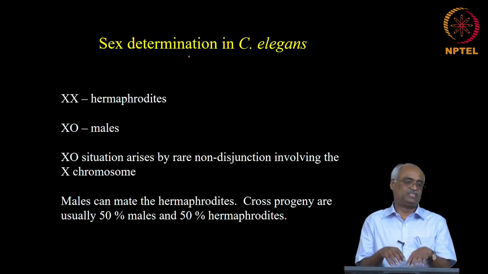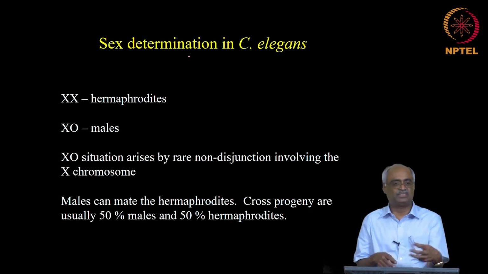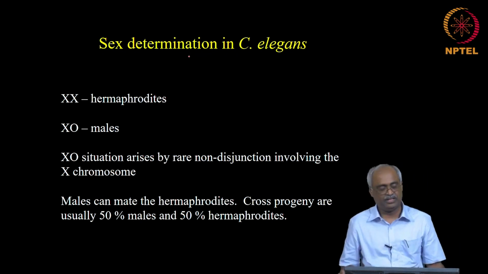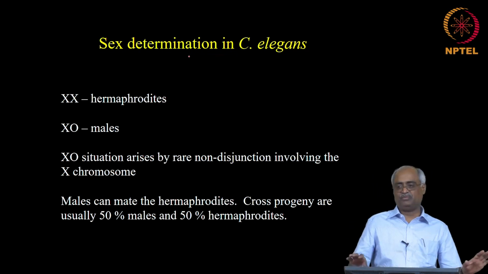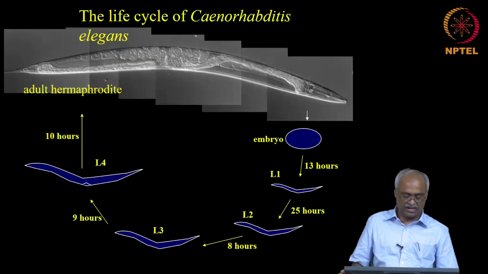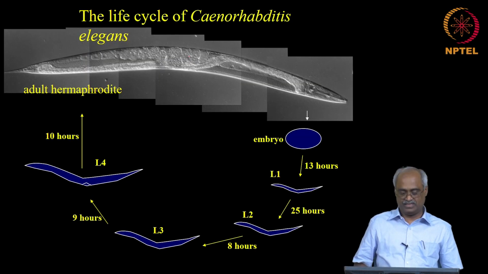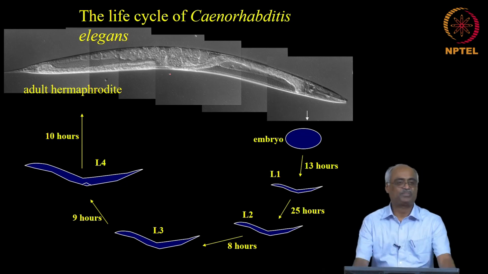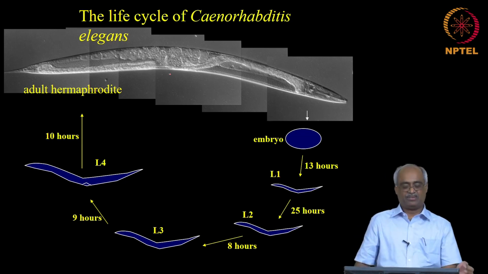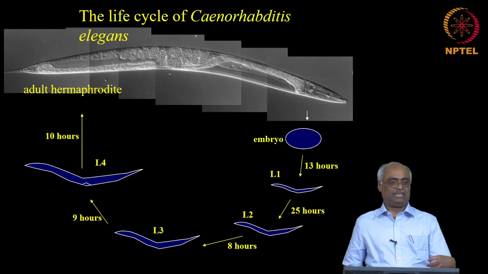Then after the first roughly 40 germ cells that go through this, it is not a fixed 40, they switch to oogenesis and behave like a female. I said female because her anatomy is a female anatomy. She has the uterus and she has the vulva to lay the embryos out. So bodily she is a female, it is just that she can make sperm as well, but she does that only when she is young. Is this clear? Because she makes both gametes, we call her a hermaphrodite.